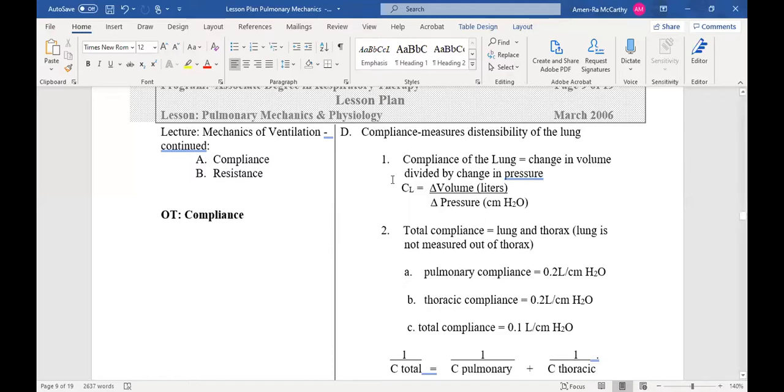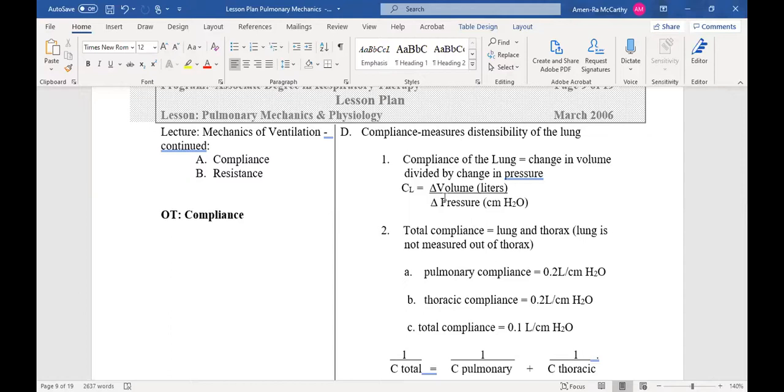Compliance equals, that little triangle, guys, means change. So a change in volume divided by the change in pressure is compliance.